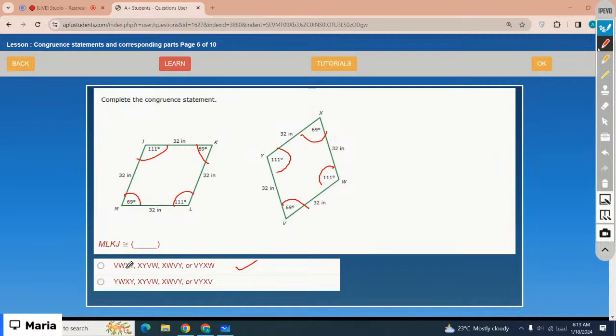Option number 1 is the correct option. Here is VWXY. The rest of them are also congruent. Got it? So the correct option is option number 1.